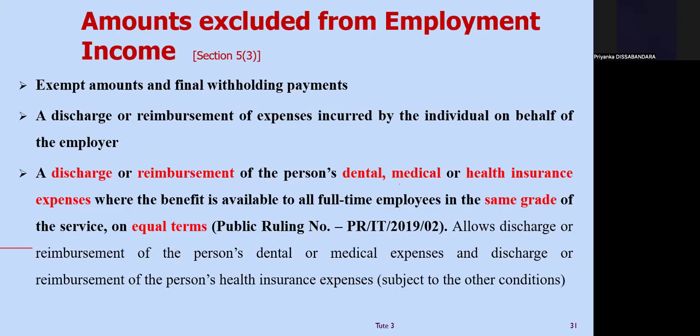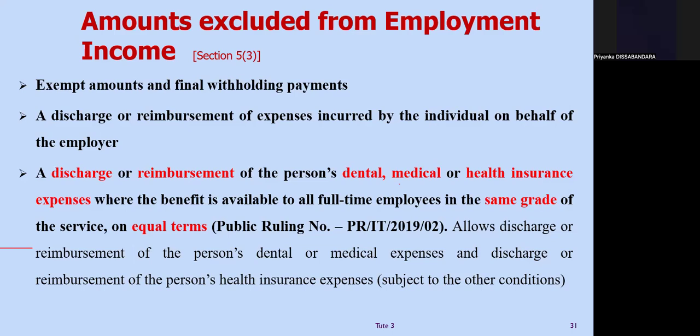Okay, those are the incomes we have to consider when we are calculating the employment income. That means under Section 5, subsection 2, we have given the income that we have to include when we are calculating the employment income.